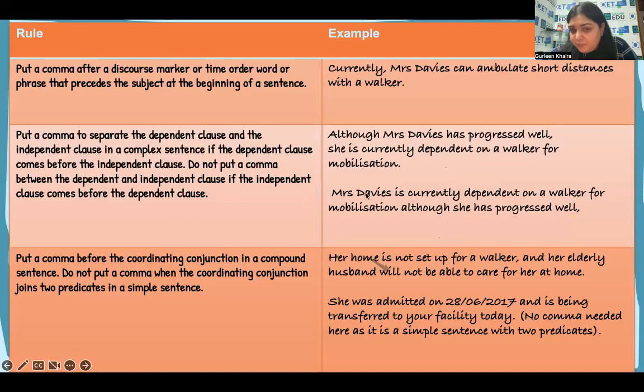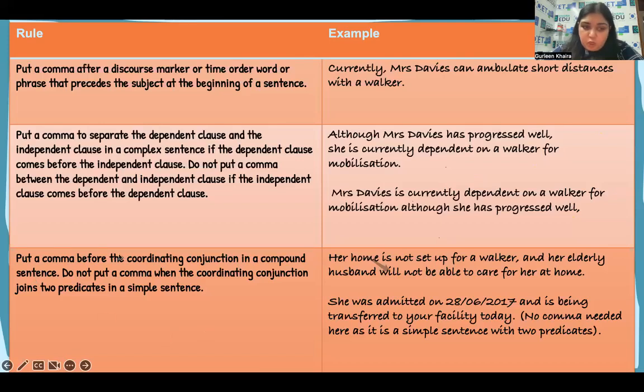So see, both are complex sentences, same pieces of information. The only difference is the order. Here, in this second example of the complex sentence, Mrs. Davies is currently dependent on a worker for mobilization, although she has progressed well. Full stop. So this is the rule.